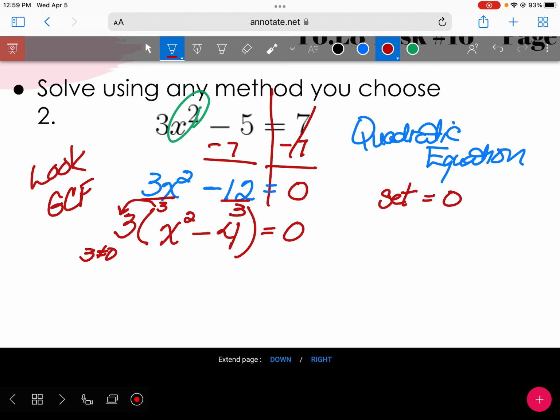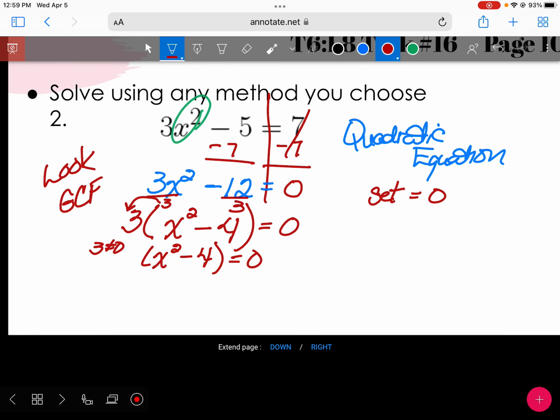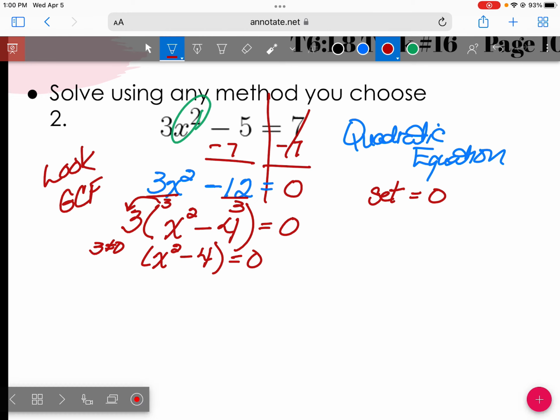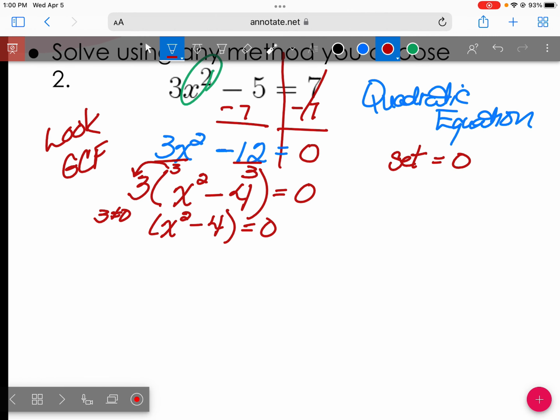How do I factor this x squared minus 4? This is a special kind of factoring that you may or may not recall. Does anybody recall? This is my favorite type of factoring.